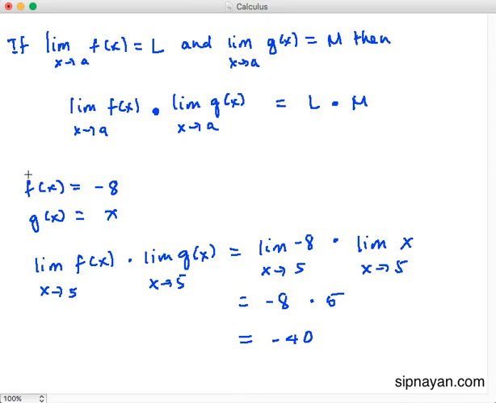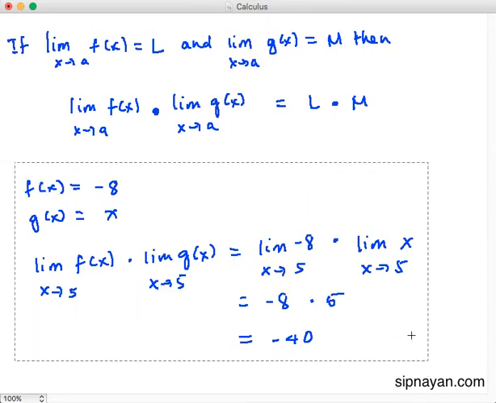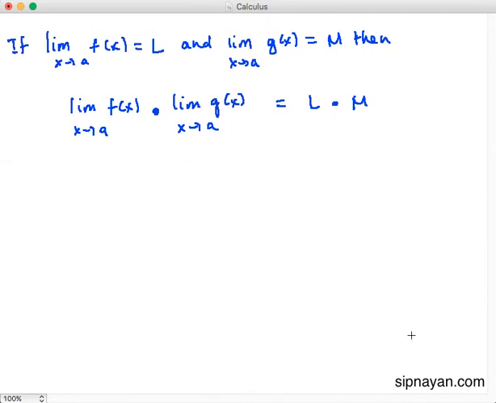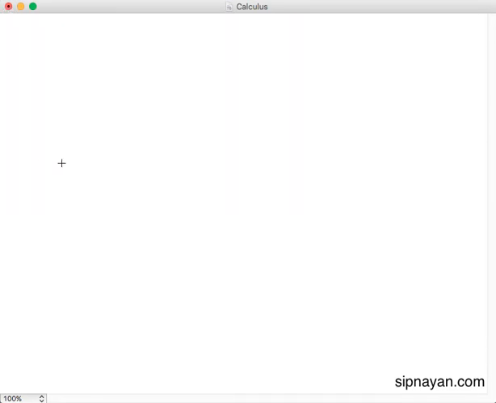So basically, because of the four theorems, the limit of the constant, limit of the identity function, the addition and subtraction, and here the multiplication, pwede na tayong mag-compute, no, for example, what is the limit of 2x plus 5 as x approaches negative 2.